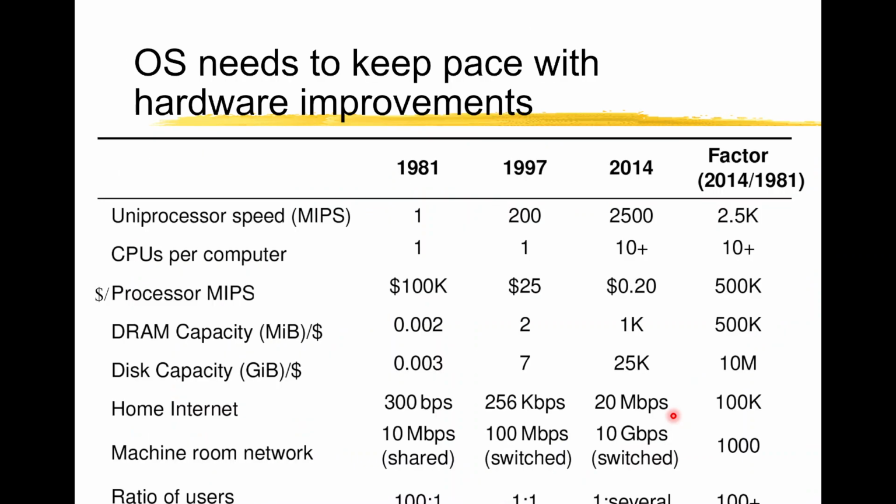All right, so the operating system needs to keep pace with the hardware improvements, because as the hardware keeps rising and rising over all those years, we have seen a big difference.